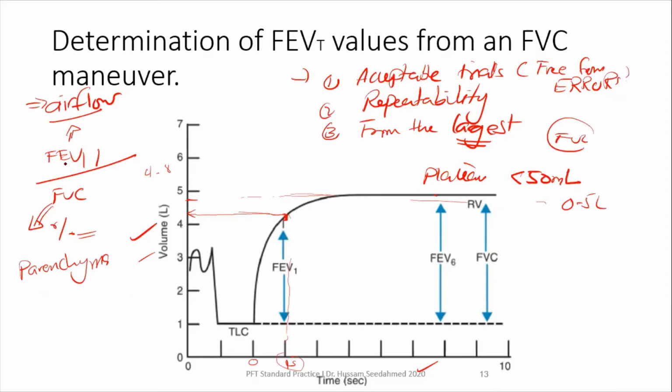This will affect the FEV1 mainly, so their FEV1 is going to decrease. Those patients don't have a problem in the parenchyma, so their FVC might be normal or even high. Mathematically, if the numerator decreases and the denominator stays constant or even increases, the result is going to decrease.